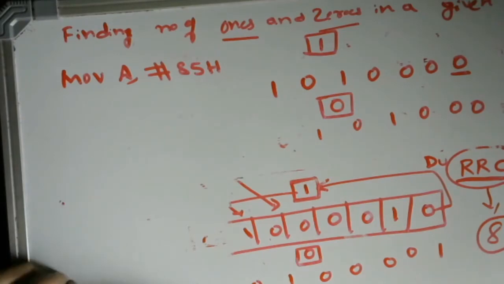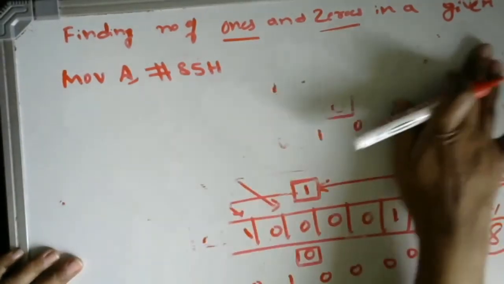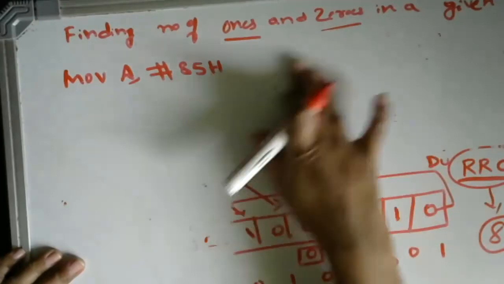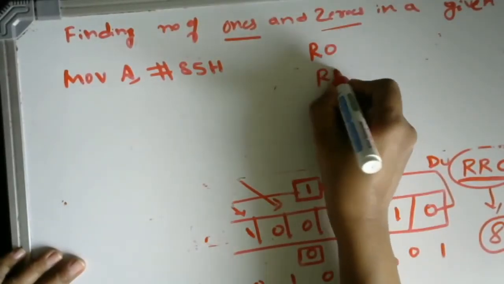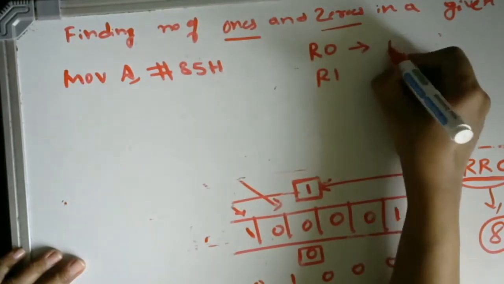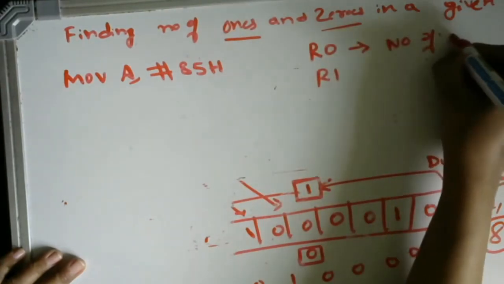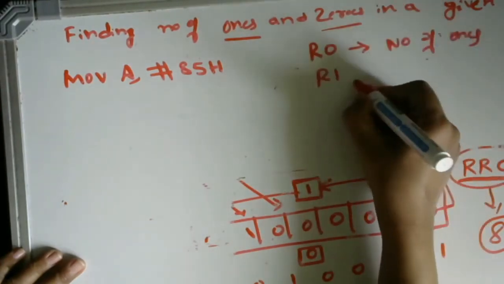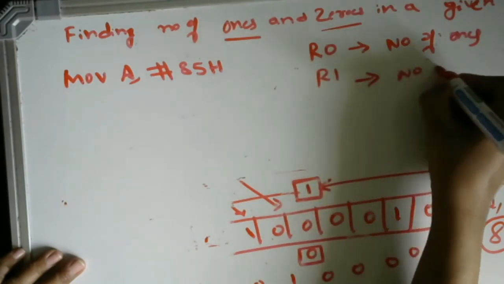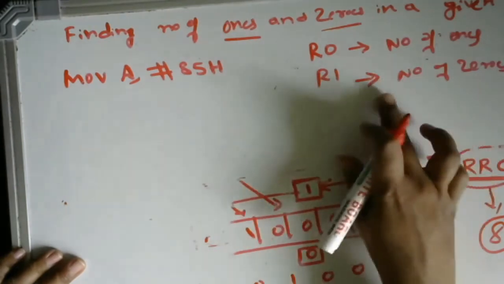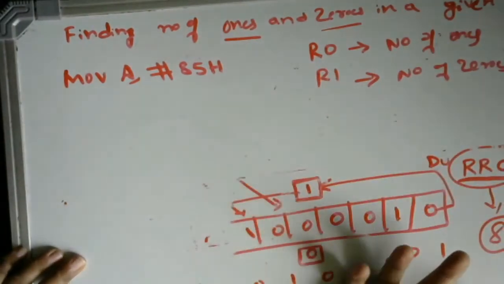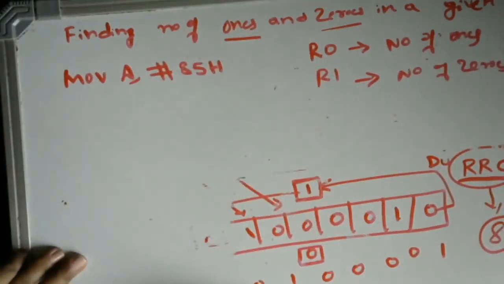Right. So now here we need some registers or memory locations to store how many ones and how many zeros there are. For that we will use the registers R0 and R1. R0 to store the number of ones and R1 to store the number of zeros. You can store the number of ones and zeros anywhere; it depends upon the user's conditions.